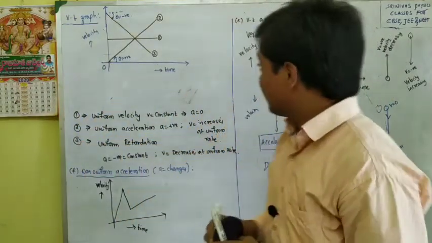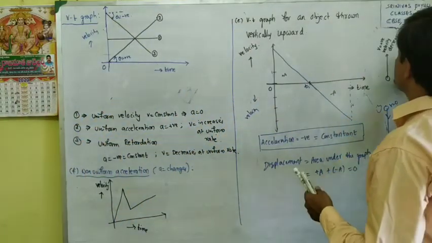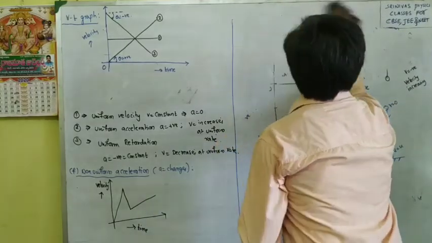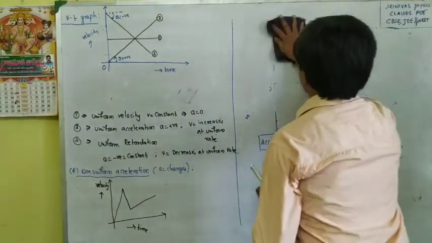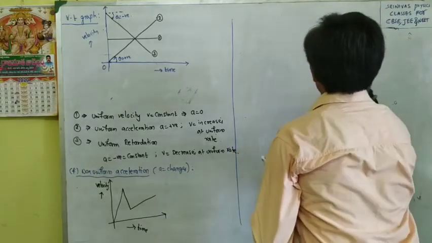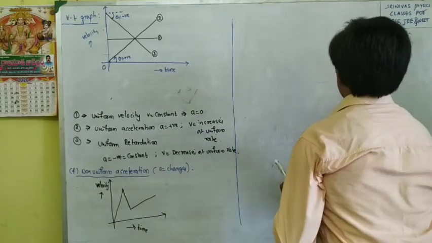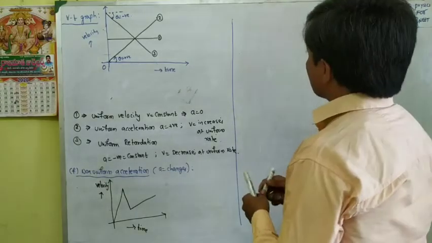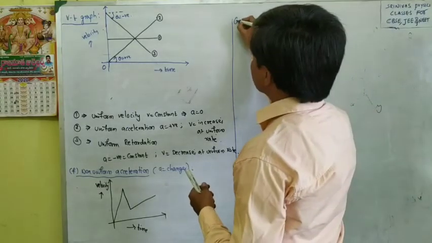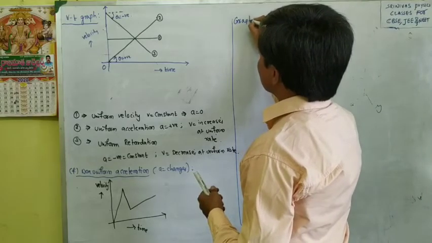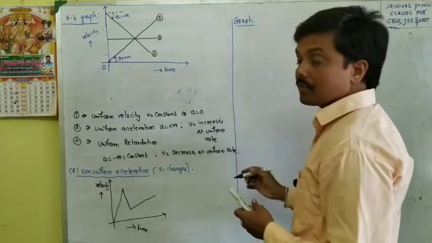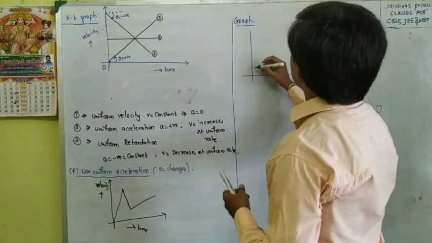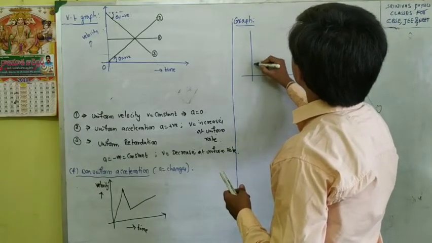Okay, and next I will tell you one example. There are two graphs. The graph is like this.